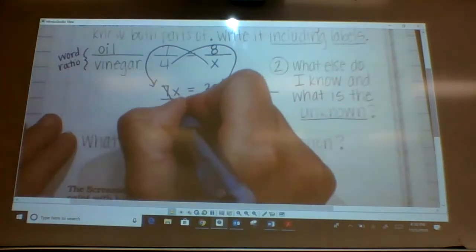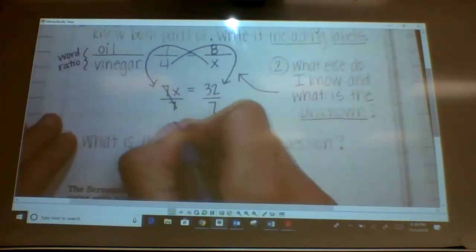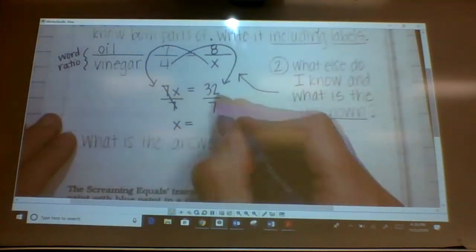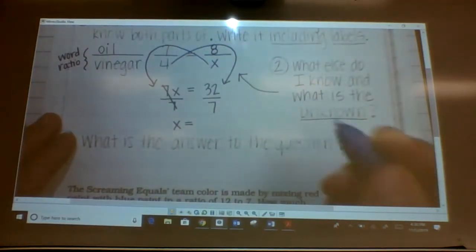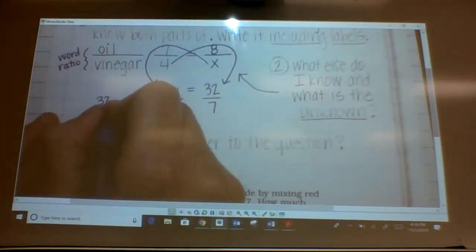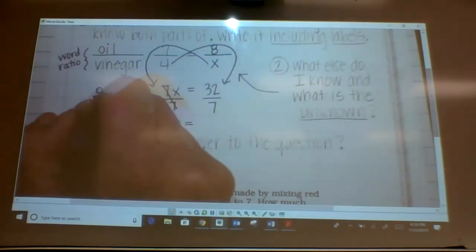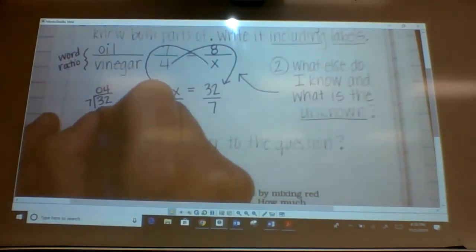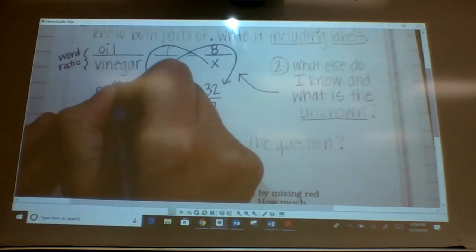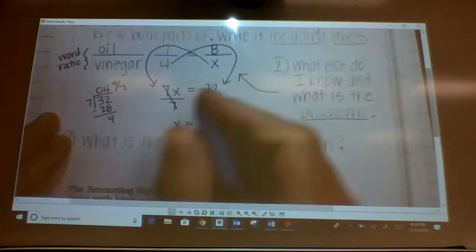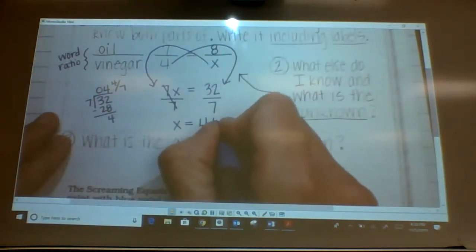These 7s cancel out, and I'm left with x equals whatever 32 divided by 7 is. So I'm going to go over to the side. 32 divided by 7. 7 goes in 4 times, which is 28. And I get 4 and 4/7 left over, and that is my answer.